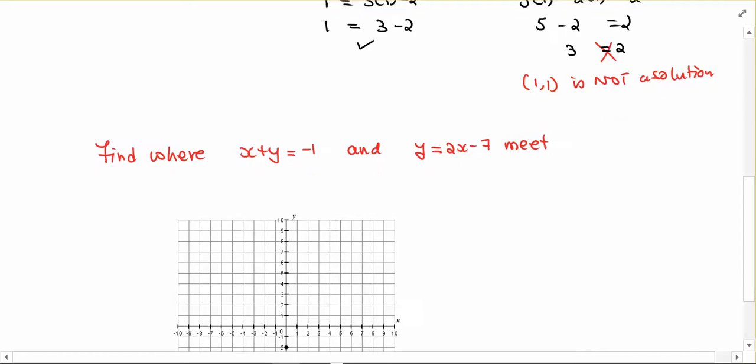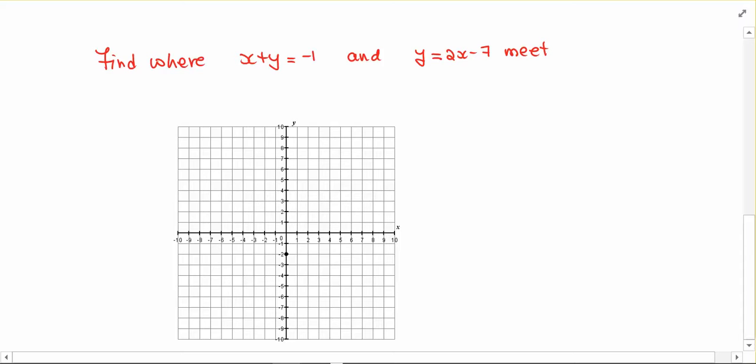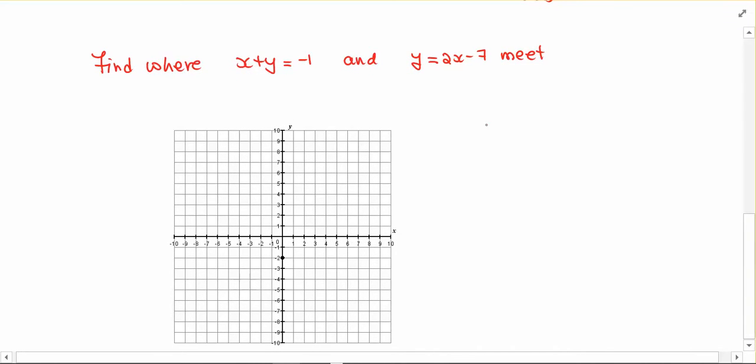Okay, so x plus y equals minus 1. What I'm going to do is I'm going to draw these lines now. I'm going to put it into slope intercept form. So I'm going to subtract an x over, and I'm going to have y equals minus x minus 1.